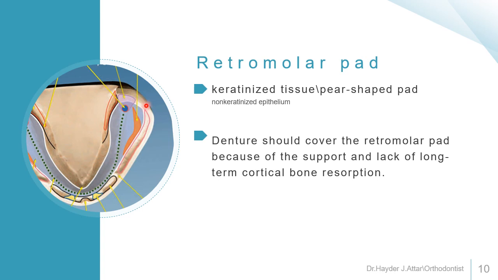The underlying bone of the posterior part, due to the insertion of the muscles, buccinator as mentioned and temporalis muscle, becomes a dense cortical bone, and this is highly resistant to resorption. The denture should cover the retromolar pad area because of the support and the lack of long-term cortical bone resorption at this area.